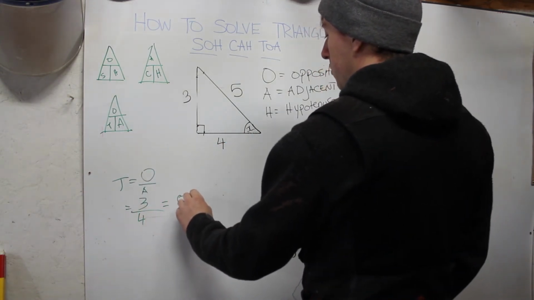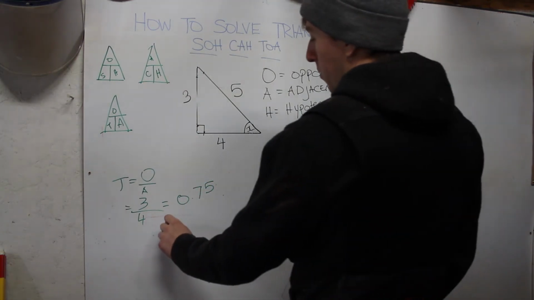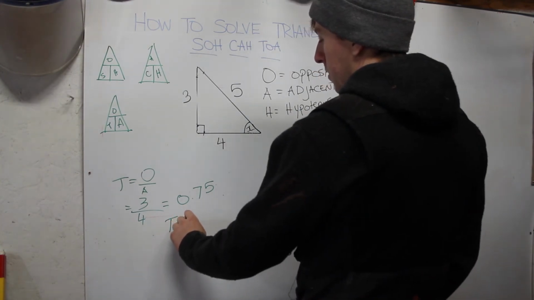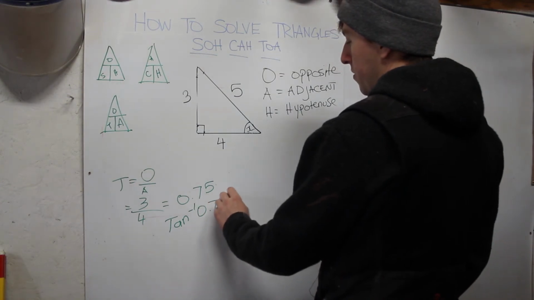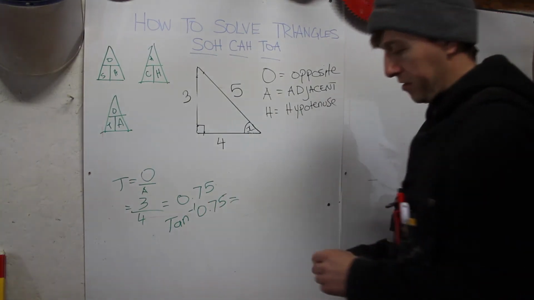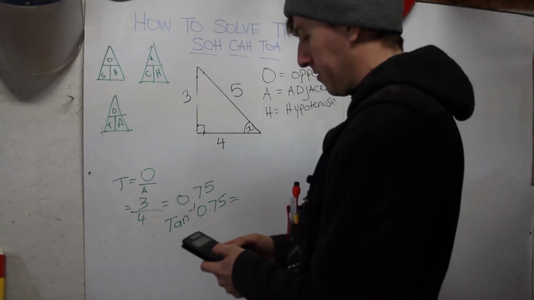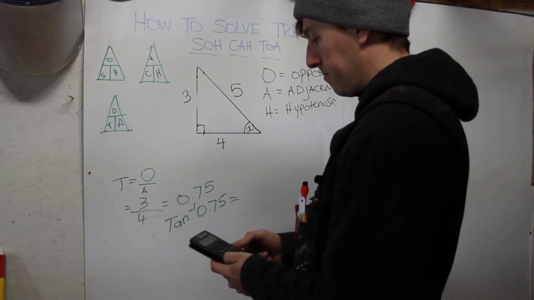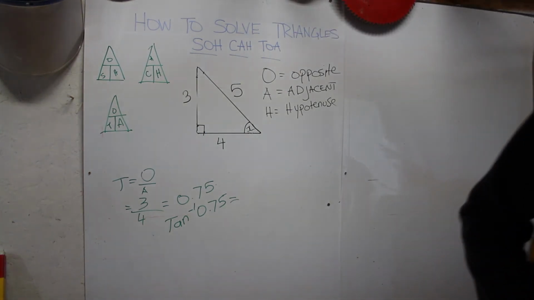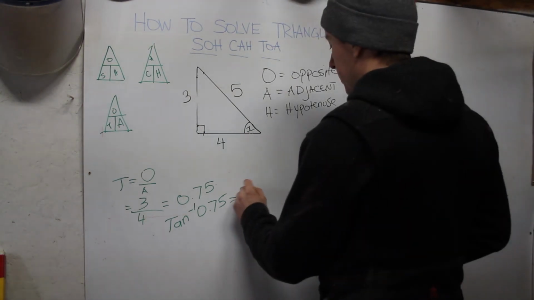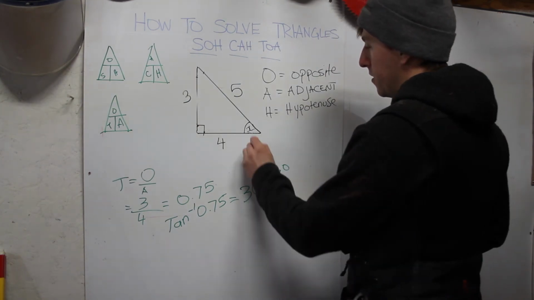That equals 0.75. The key for this one now is that you go tan to the power of -1, 0.75 equals your answer. Let's see what it looks like. So that's a second function for tan. 0.75 equals 36.87 degrees. So that is that angle.